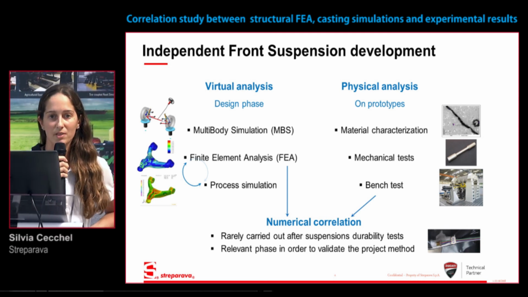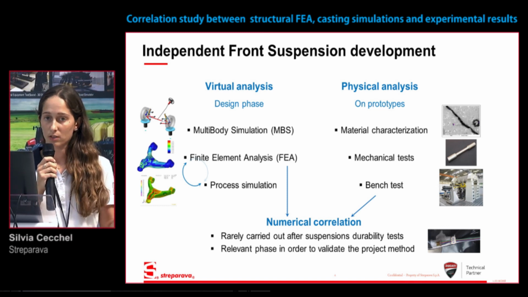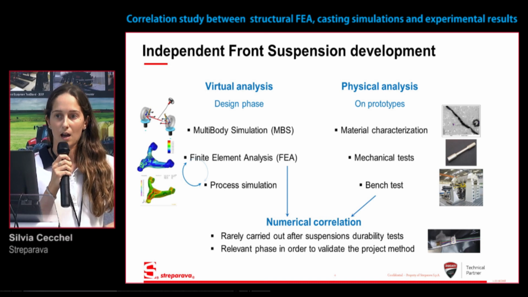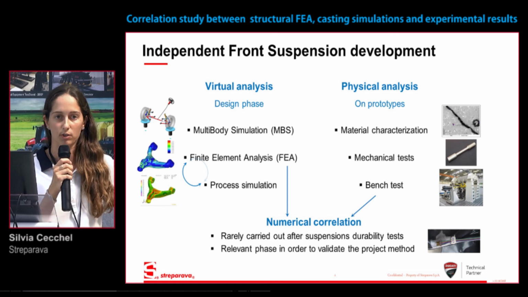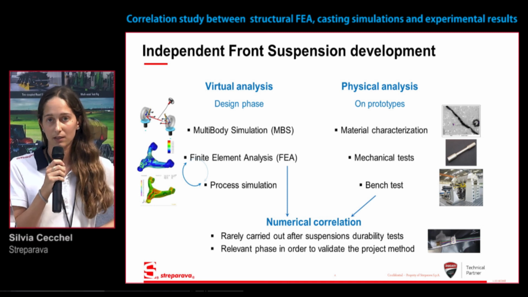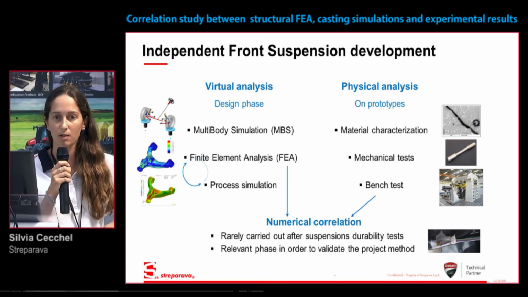At the same time, some process simulations are conducted for the purposes that I have just explained. And the design took into account the results of both these kinds of simulation in order to find an optimal design.